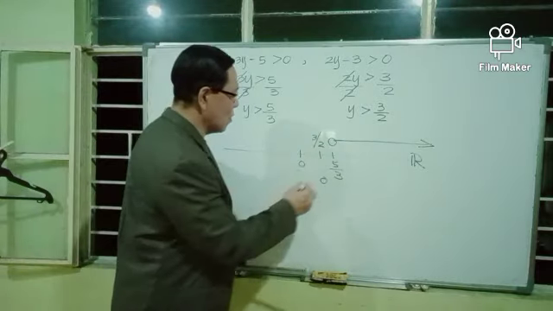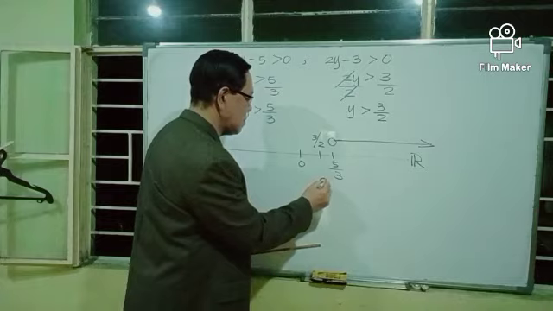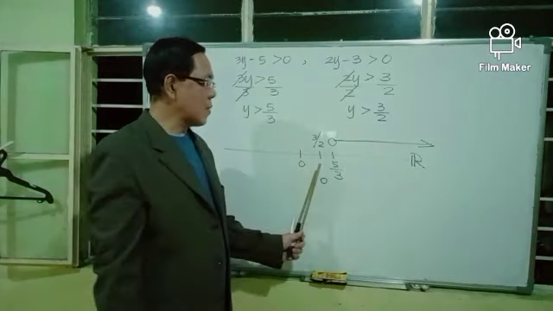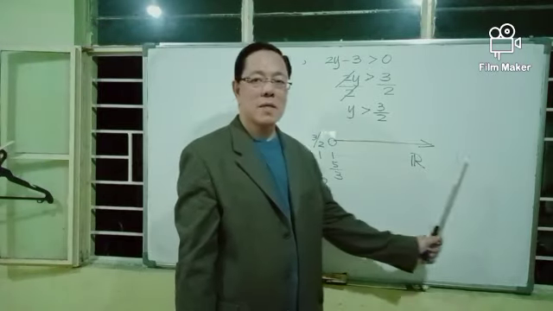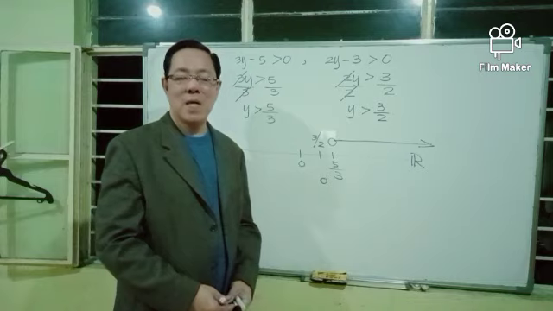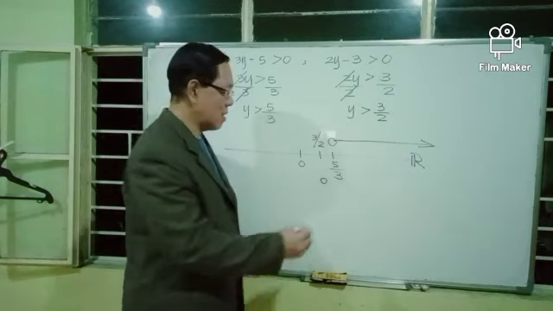If this is 3 over 2, the real numbers that are greater than 3 over 2 are those real numbers to the right of 3 over 2. And we represent that by an arrow going to the right or to positive infinity.